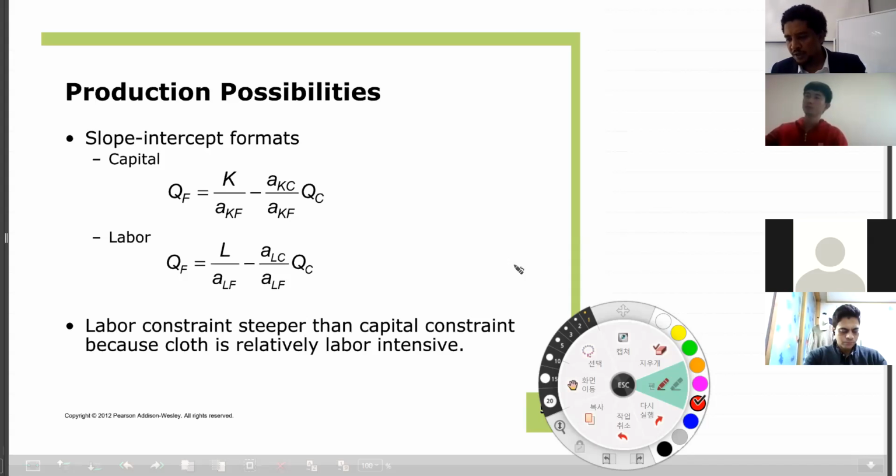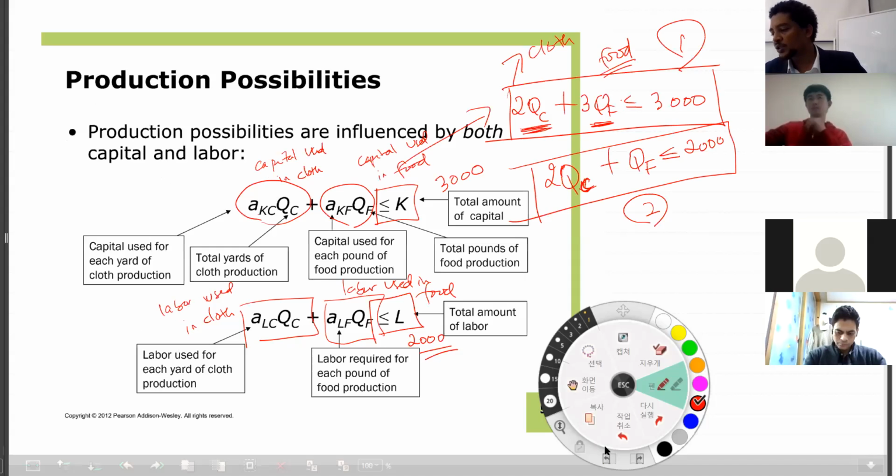Let's continue. Then what is the slope intercept for capital and the slope intercept for labor? So the slope is easy. When you calculate for quantity of F, then you can find the slope. For example, using capital, the slope you can calculate here, right? This is the equation we have for capital.